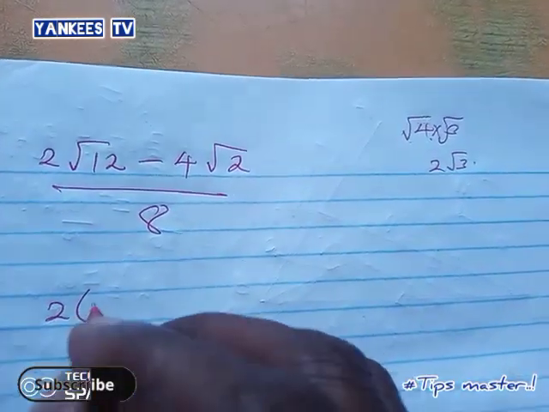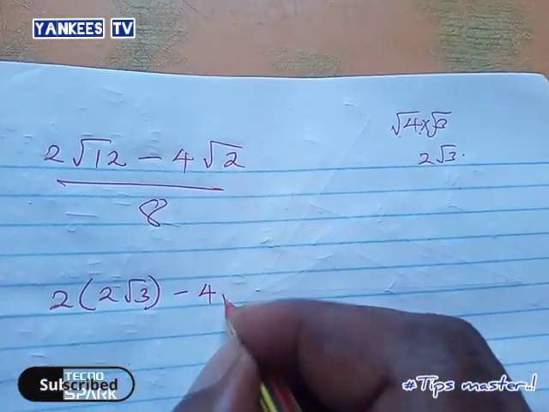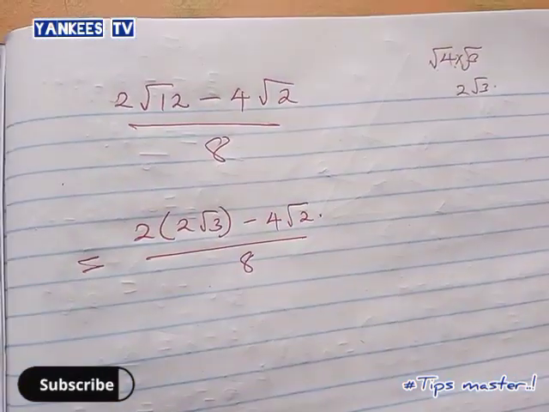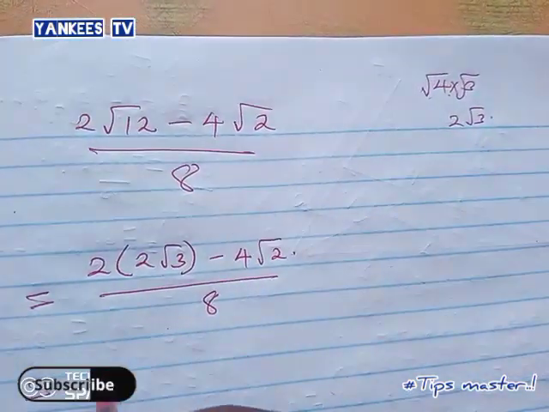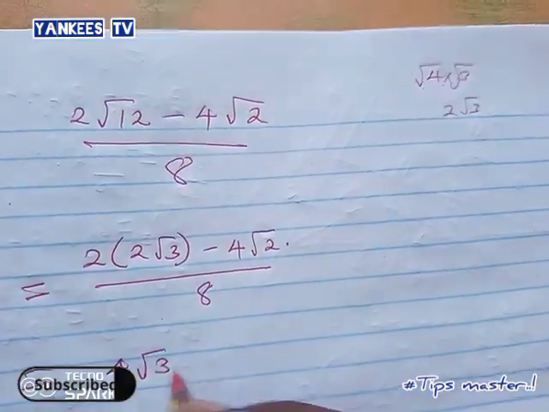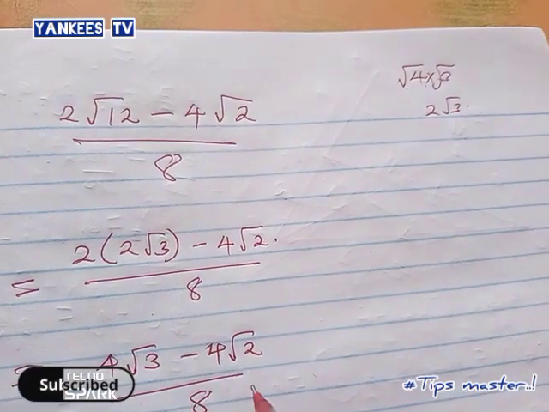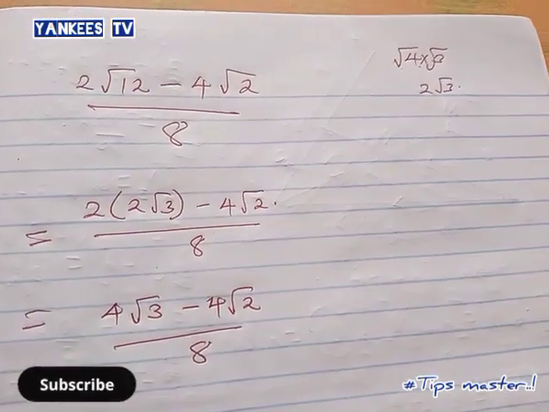So we shall have 2 into 2 root 3 minus 4 root 2 all over 8. Breaking this small bracket, we shall have 4 root 3 minus 4 root 2 all over 8. So that will be the simplified part of the numerator.